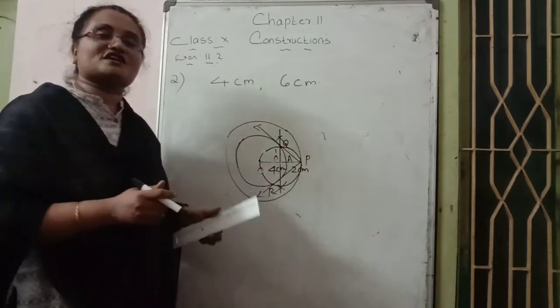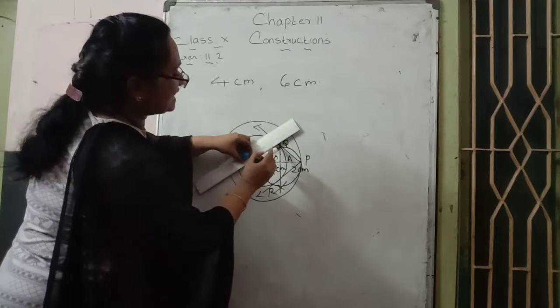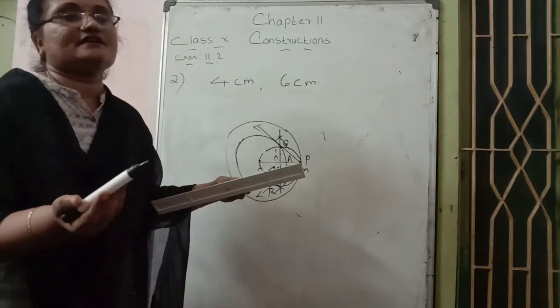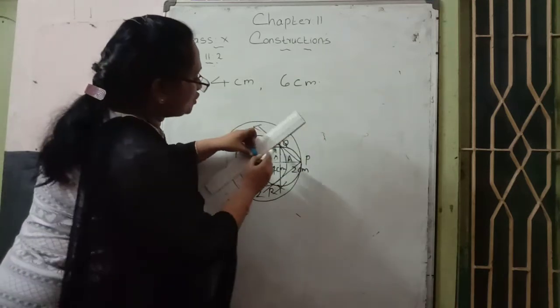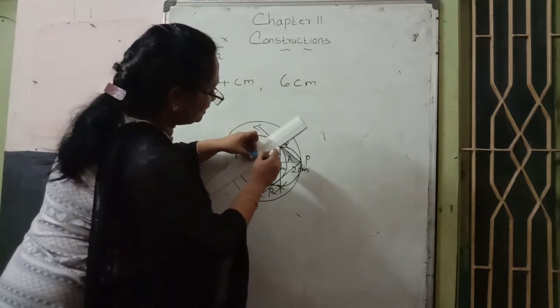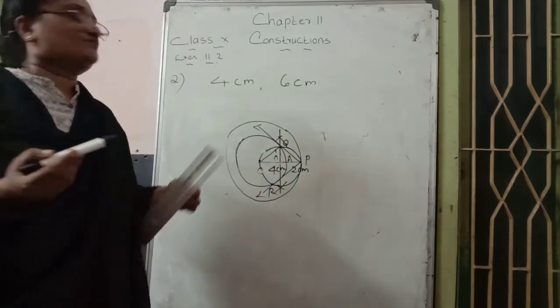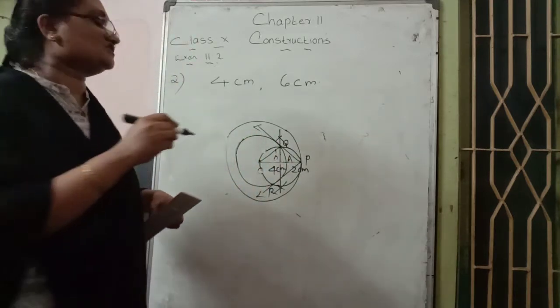Here also the justification. How to do the justification? Center O and Q, or O and R, any radius you can join. So for the justification, join O to Q, center to point Q. Then OQ represents the radius of the first circle.